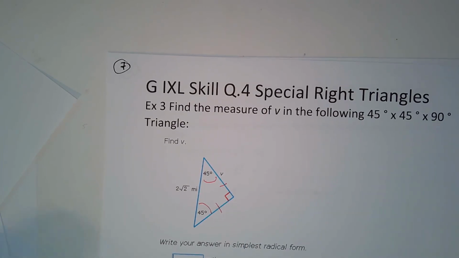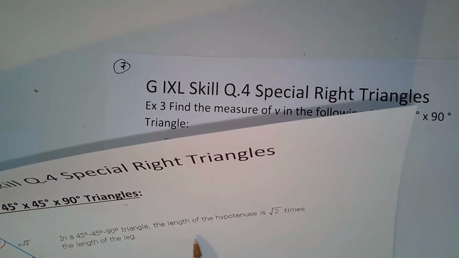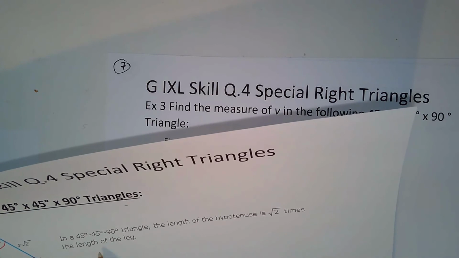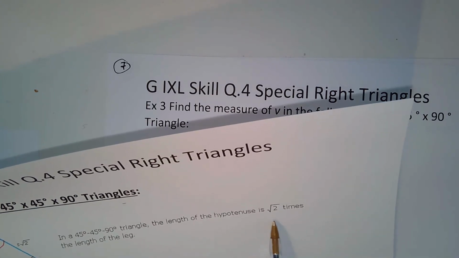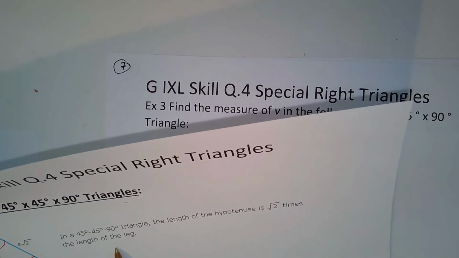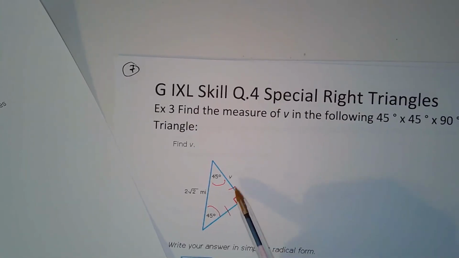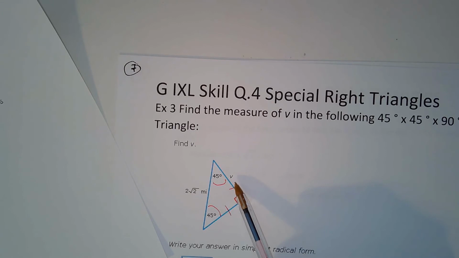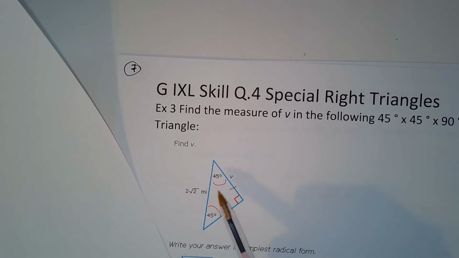So what's the rule? Go back to the 45, 45, 90-degree triangle. It says the length of the hypotenuse is the square root of 2 times the length of the leg. So if the length of the leg is unknown, so let's just use V, it's V times the square root of 2.